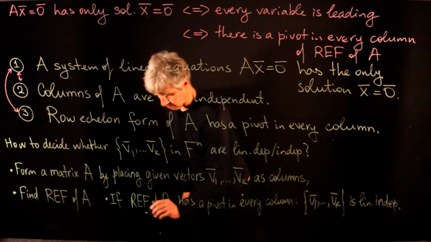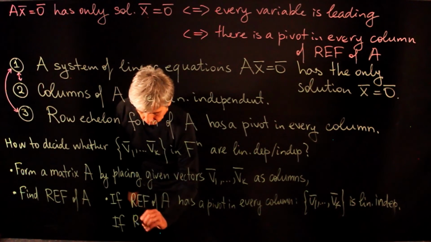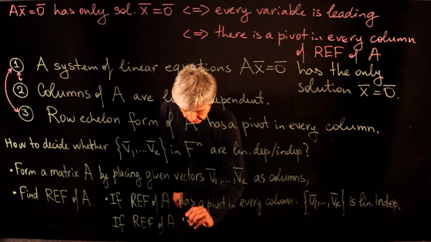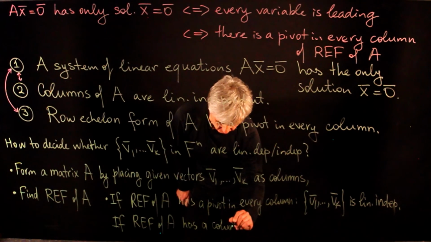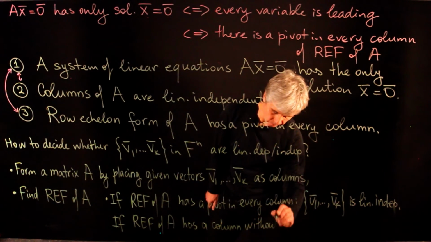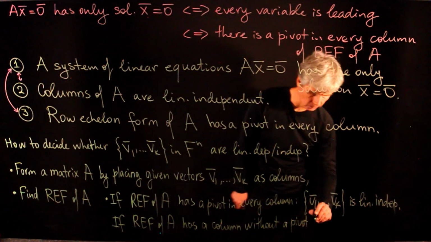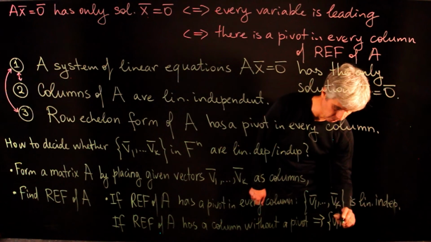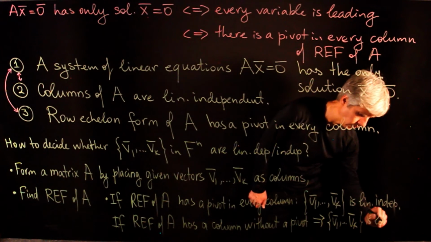And if the row echelon form of A has a column without a pivot, then this means that this set is linearly dependent.